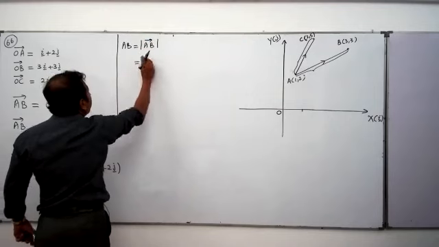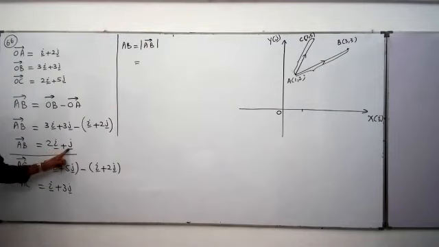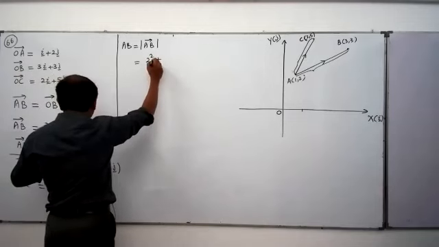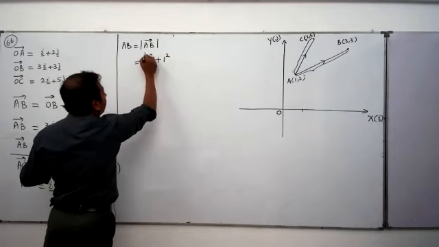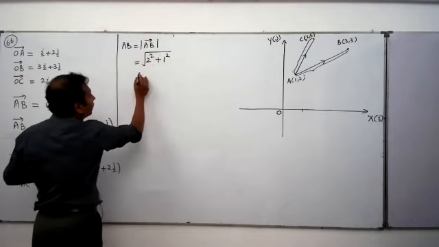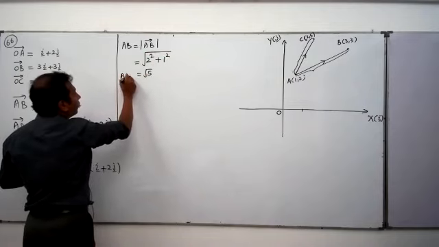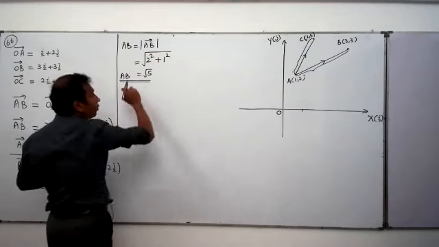And you know, modulus of a vector which is expressed in ij form: i coefficient squared plus j coefficient, here 1, its perfect square, root. This is nothing but root 5. Then AB length is root 5. AB length is nothing but AB modulus, right?